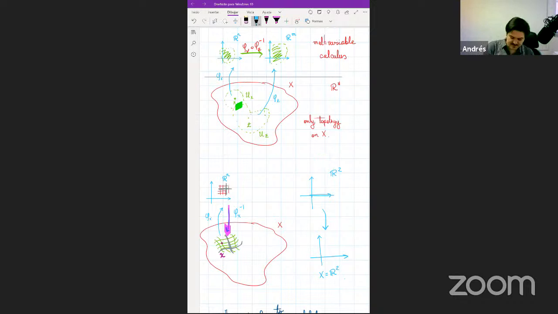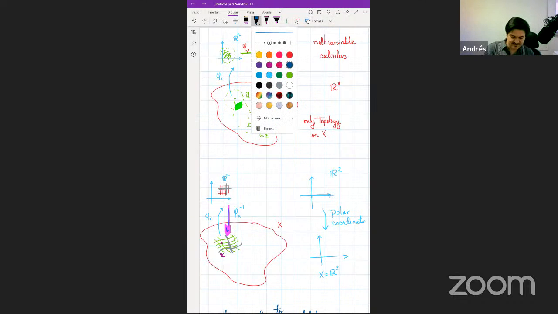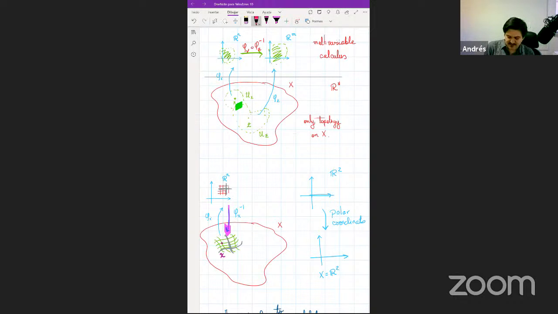You would like to read this as the polar coordinates. What happens when you think about it like that? So here, maybe you have r, and here you have theta, right?